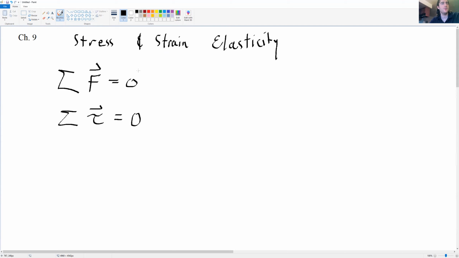So the next thing to do would be to look at how materials respond to forces. If we have these two conditions right here, this implies we are in static equilibrium.